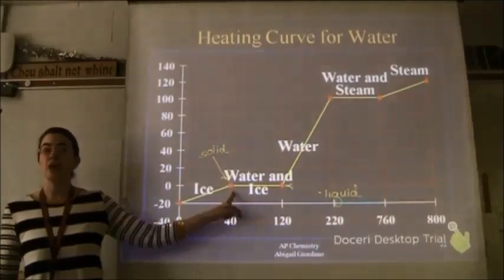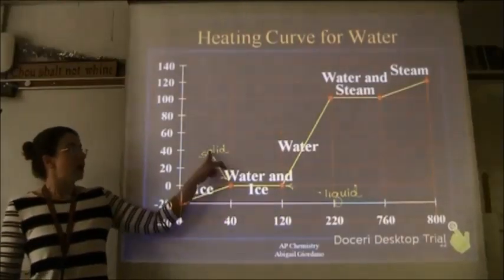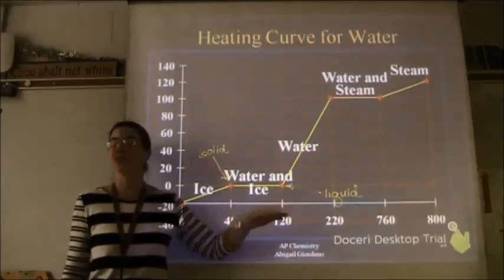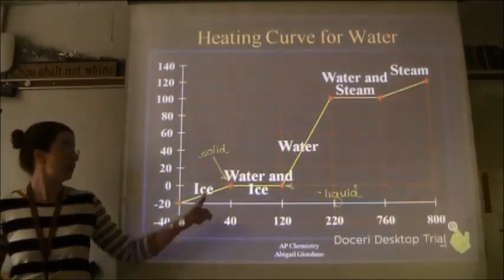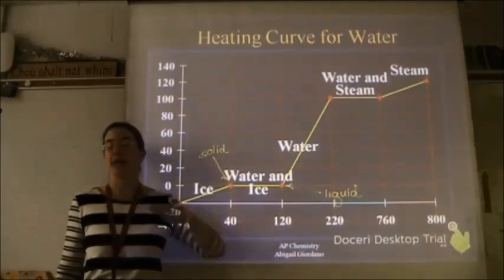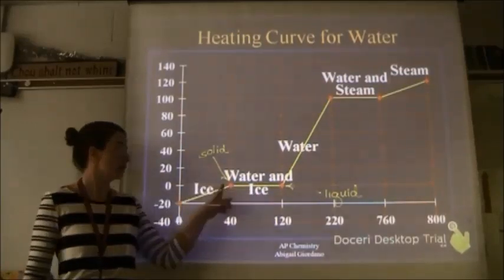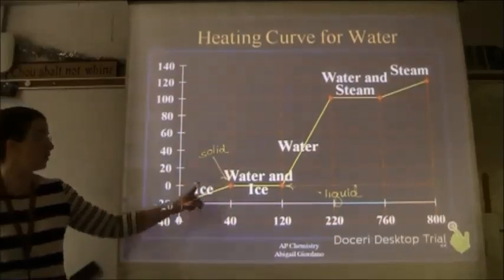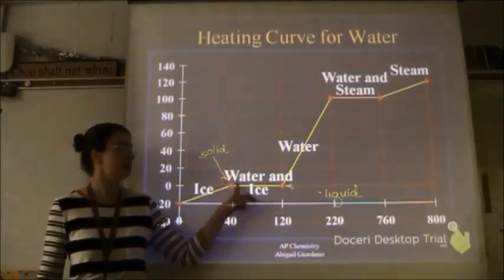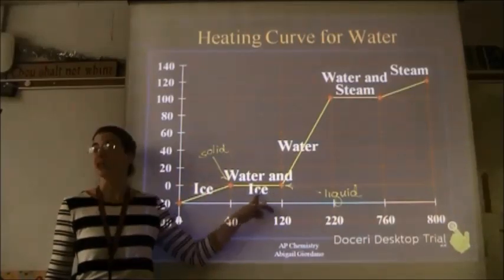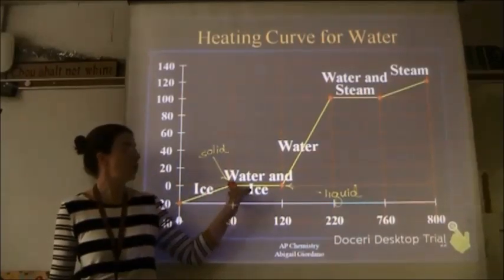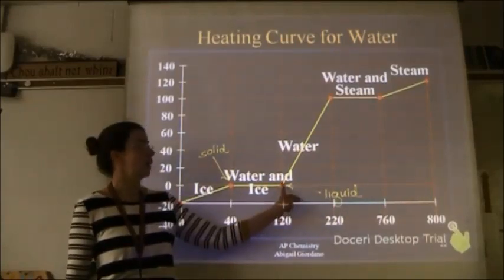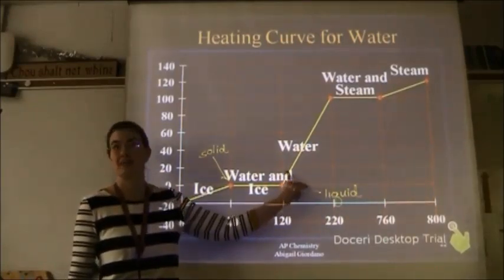Now what I want you to notice is that until that ice is 100% melted, converted to liquid, the temperature will remain absolutely stock still at its melting point. Okay? As long as there is some solid in there, it will be at 0. Only once we get to 100% liquid can the temperature start to rise again.